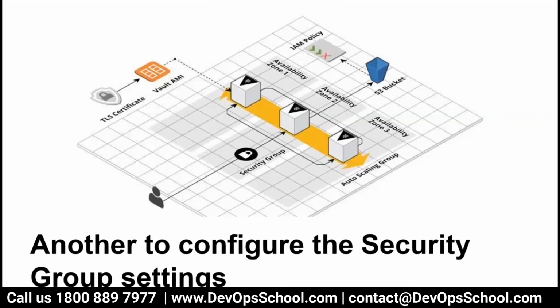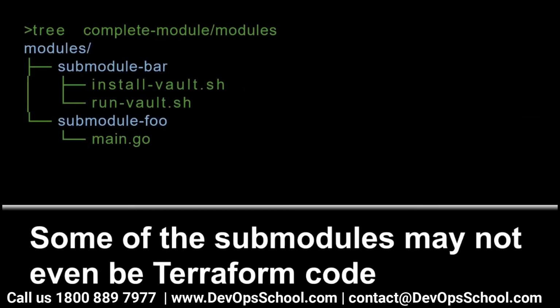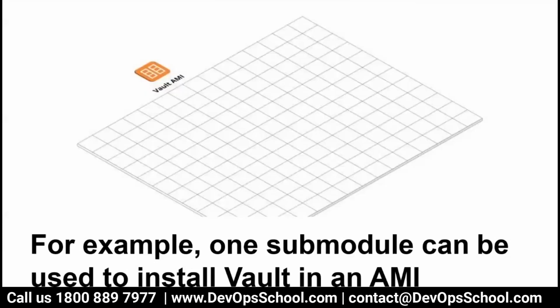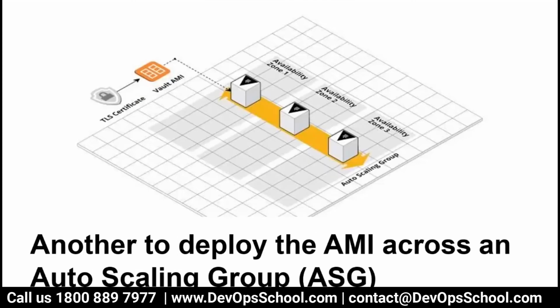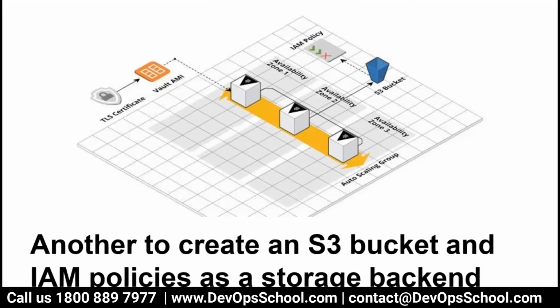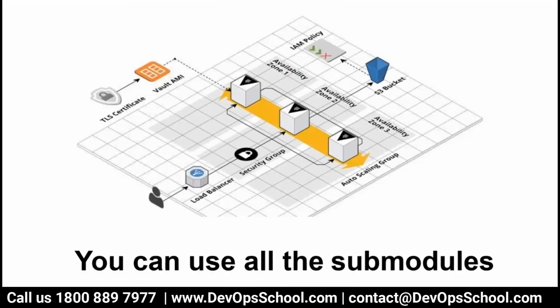So now it's very easy, right? You don't do anything, just download the module for everything. You want TLS, modules for TLS, ASG, S3 bucket, IAM policy, security, ELB. These all are some modules actually.